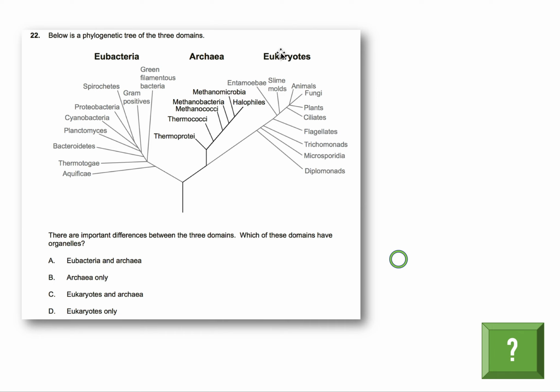That's why we know animals like us and plants are made up of eukaryotic cells. So what is the difference between eukaryotic cells and prokaryotic cells? A difference is that the eukaryotic organism is the only one that has organelles inside them, because eukaryotic cells have organelles, whereas archaea and eubacteria do not.